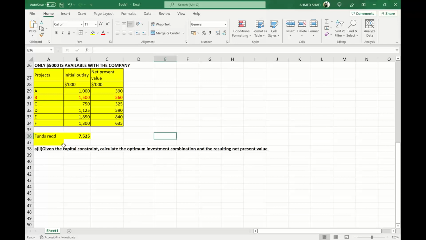In that case, you have to make the best combination, that is called the optimum combination. That's what it is asking: calculate the optimum combination or best combination.